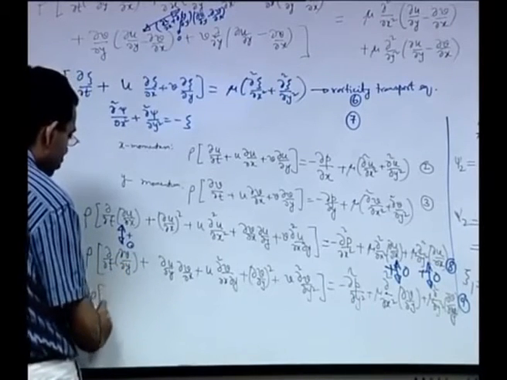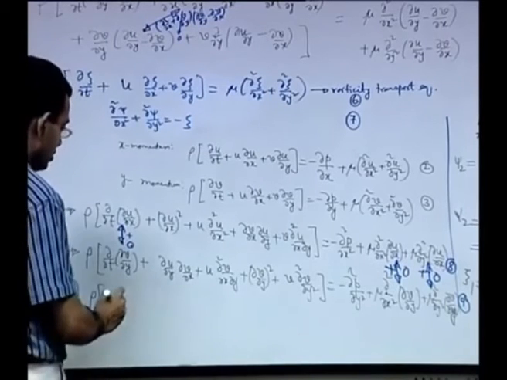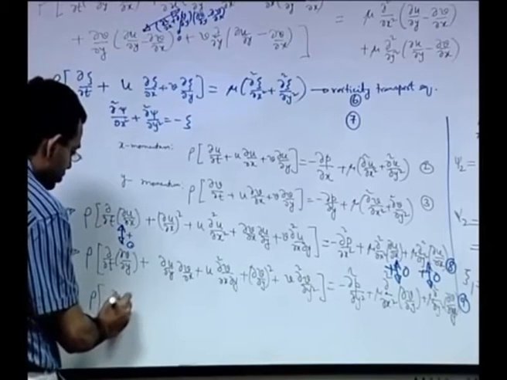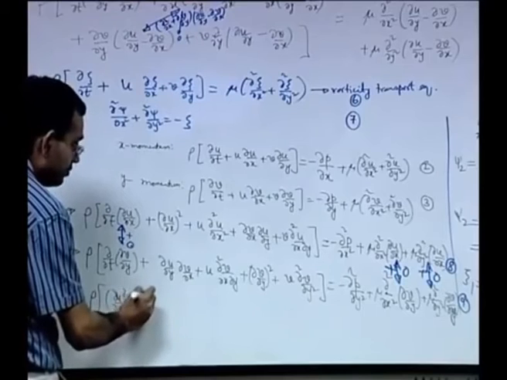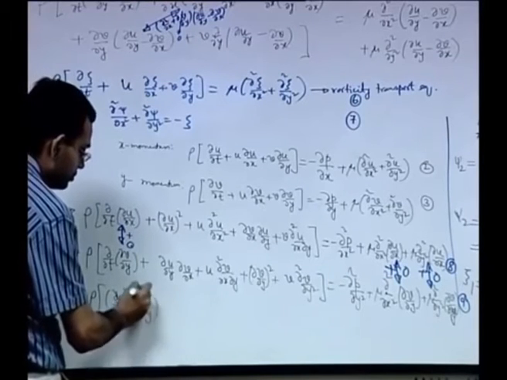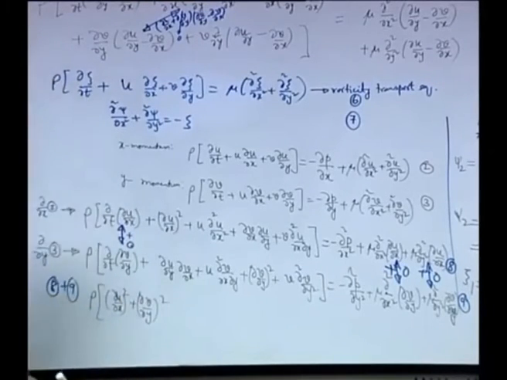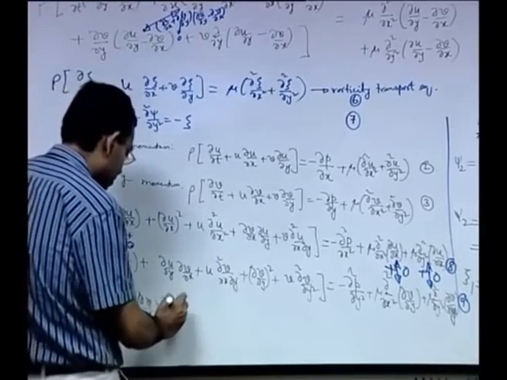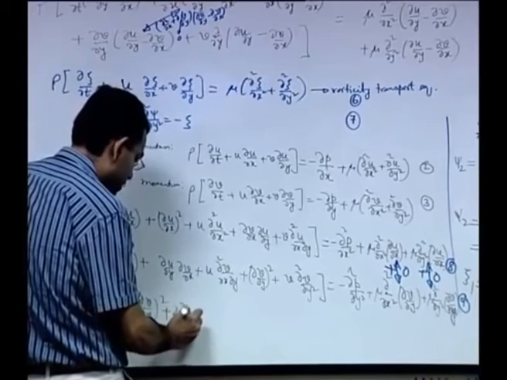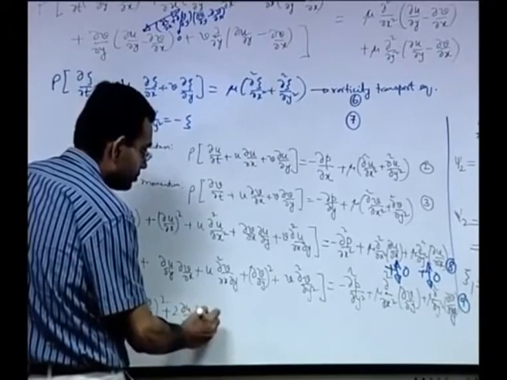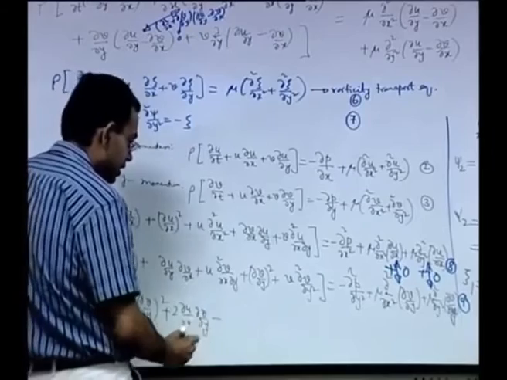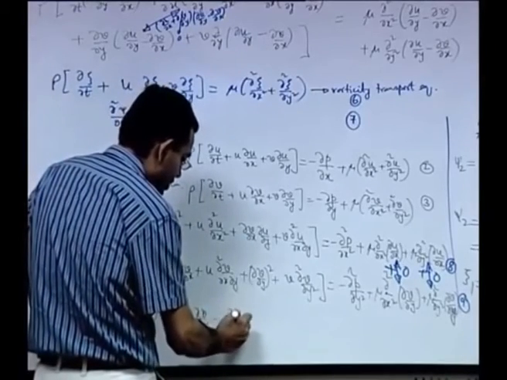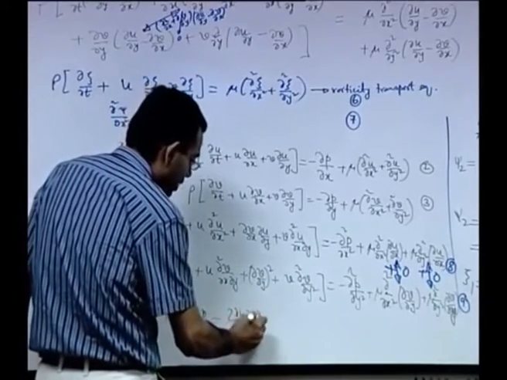You can write rho del u del x whole square plus del v del y whole square plus you can write it as a plus b whole square formula plus 2 del u del x del v del y, then you subtract again 2 del u del x del v del y.